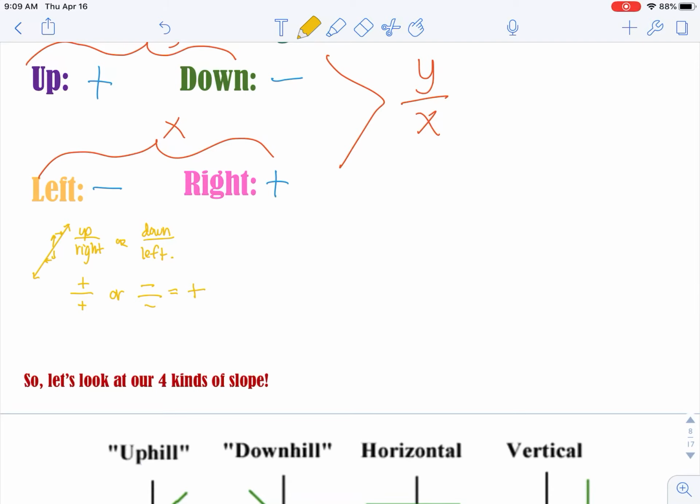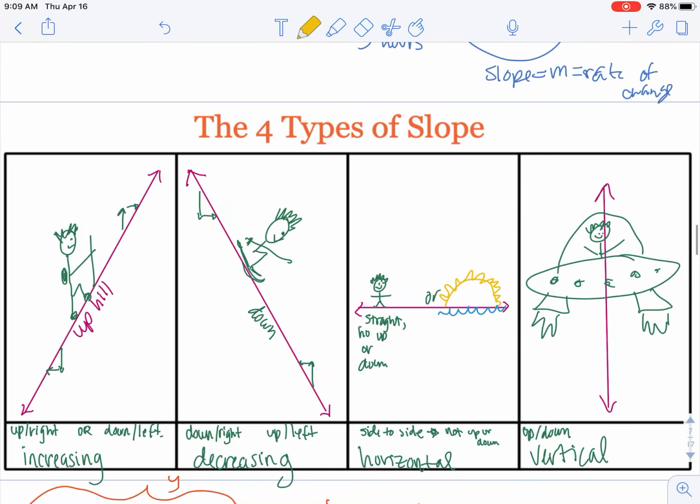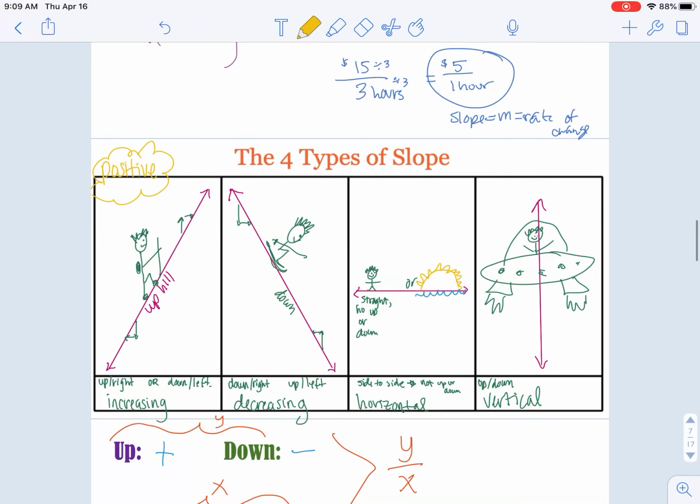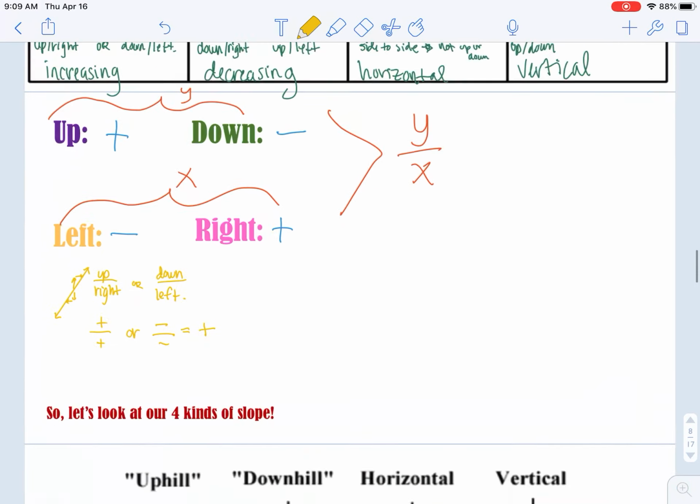A negative divided by a negative is a positive. So these both equal positive. What this means is an increasing slope is also called a positive slope. And you can kind of assume that. It looks like a positive thing because it's going in the positive direction, towards the positive numbers.